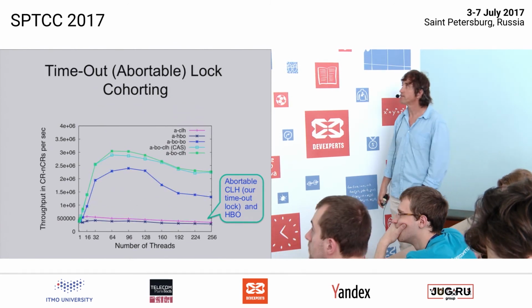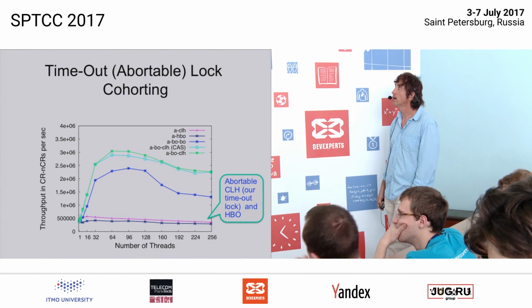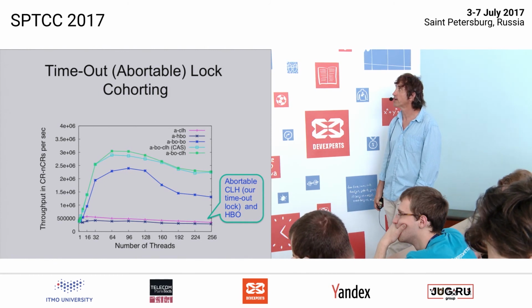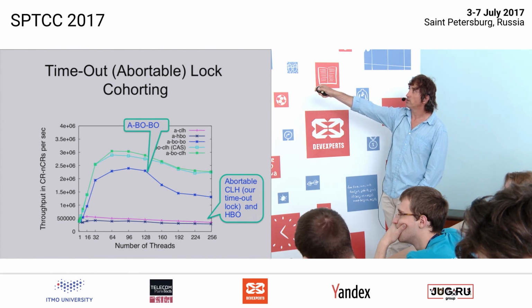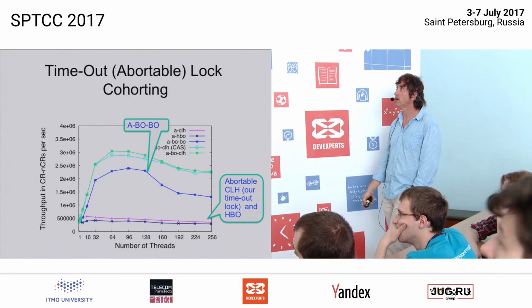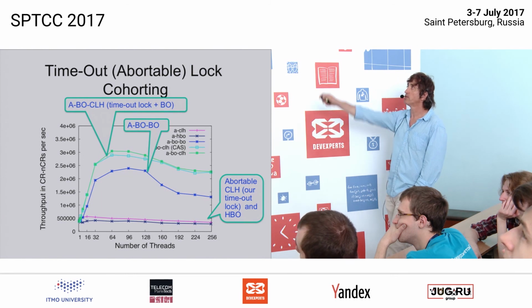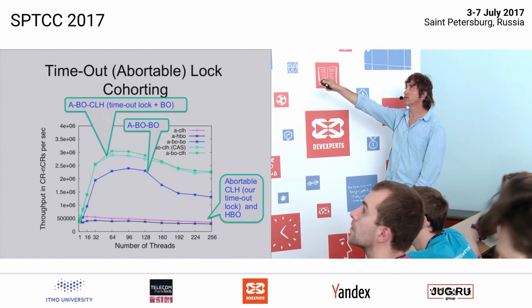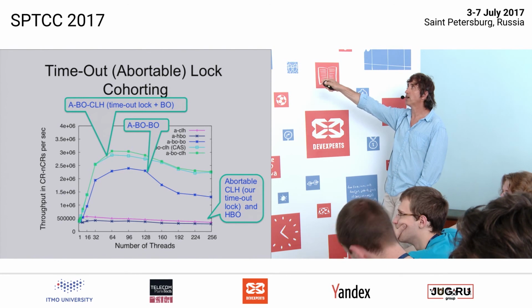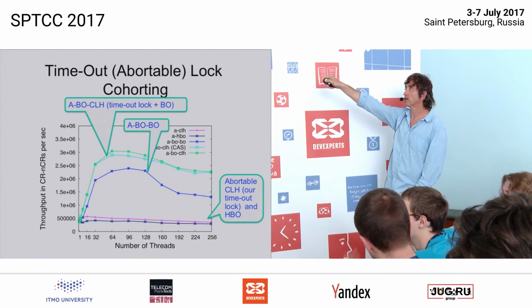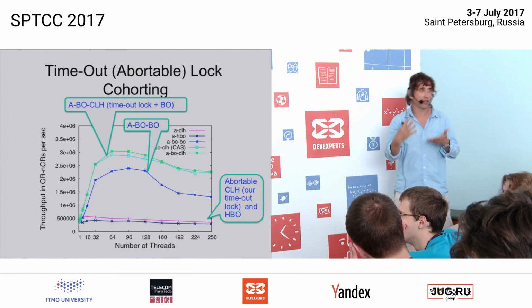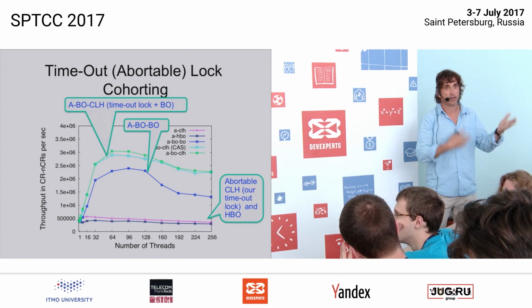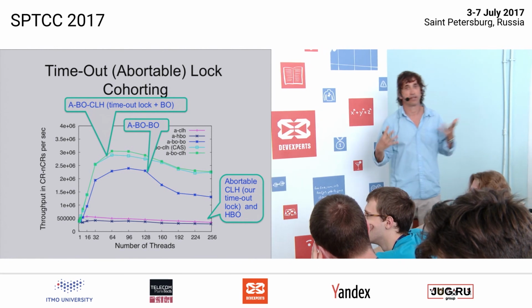And in terms of abortable lock cohorting, this is ABO-BO, the abortable Backoff lock, and this is the abortable Backoff CLH timeout lock. So this is a combination of a Backoff lock and a CLH timeout lock. Okay? You can see you can combine these locks in the cohort fashion in order to get an improved lock.